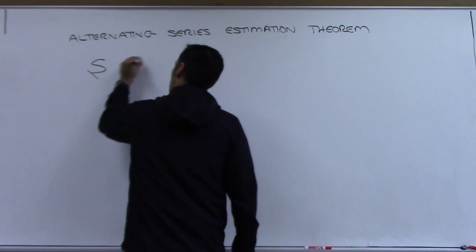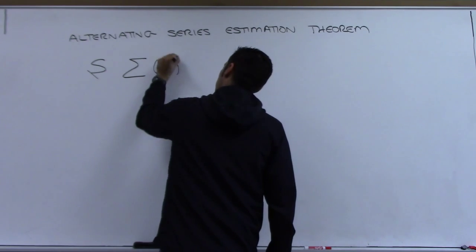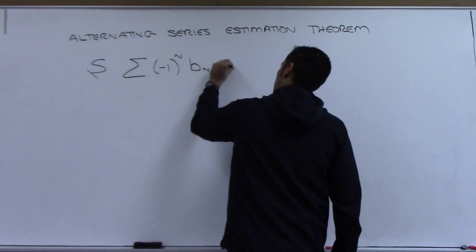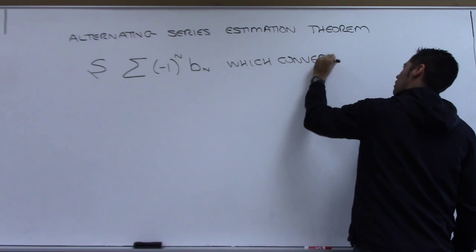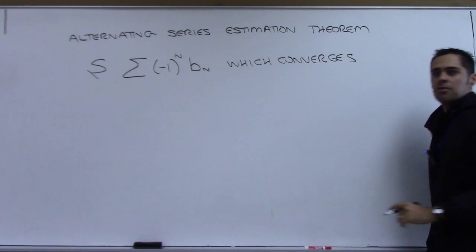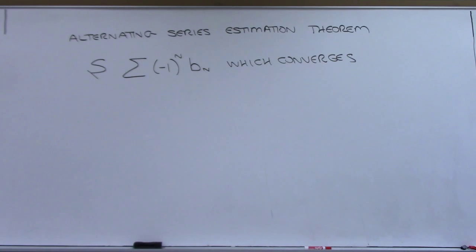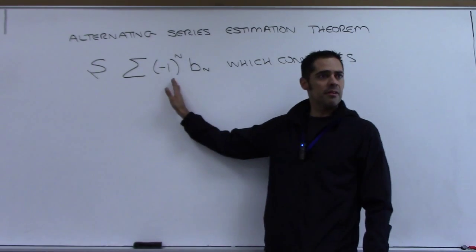Suppose you have an alternating series which converges. Not all alternating series converge. Everyone understand that I mean an alternating series here?